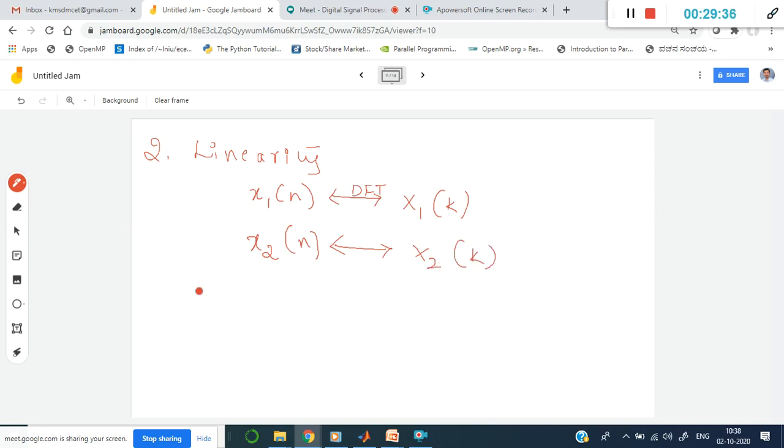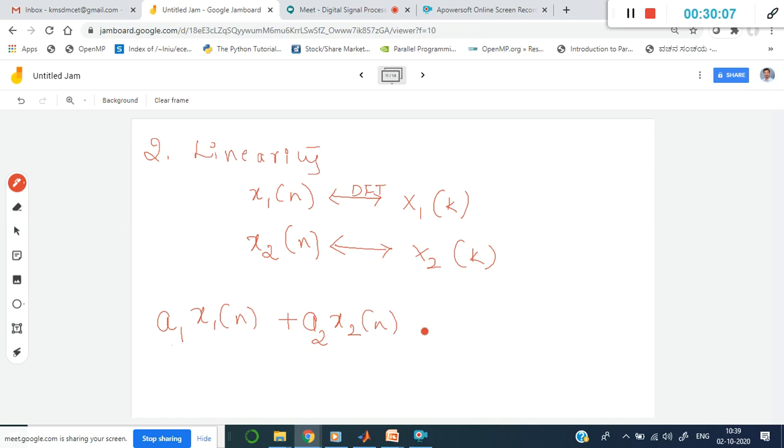Now linearity is nothing but adding those two signals by applying some constants, a1 and a2. I multiply the first input signal with a constant, and the second input signal is also multiplied, and we add those signals.